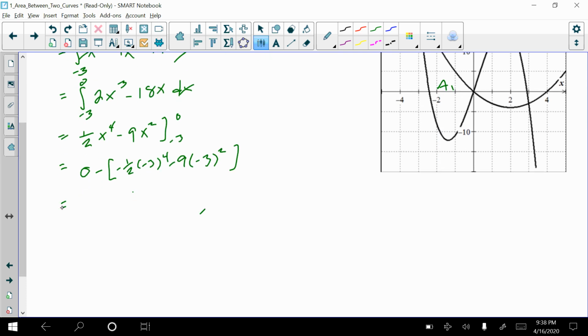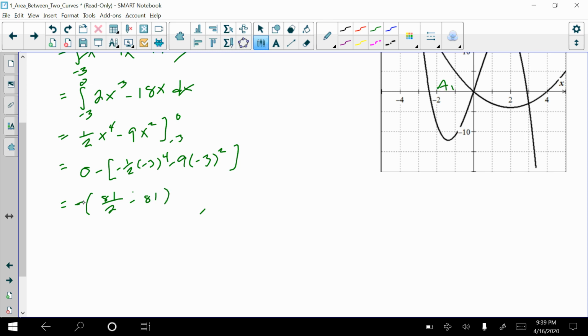So when you go to your math here, -3 to the 4th power will be 81. So I'll have 81 over 2. -3 squared is a positive 9 times a -9 will give me a -81.